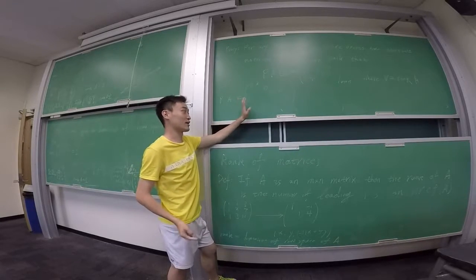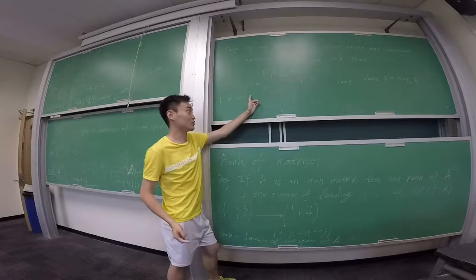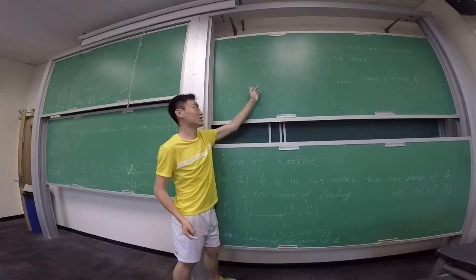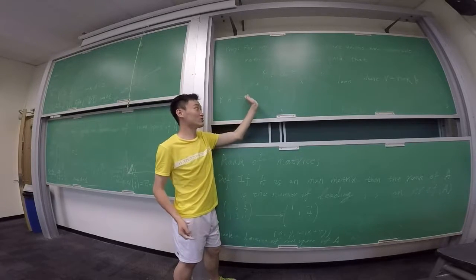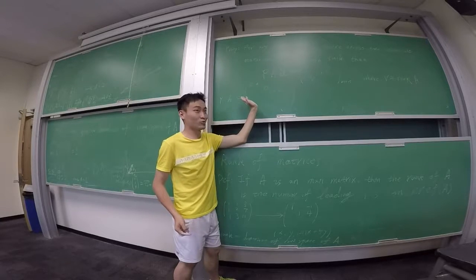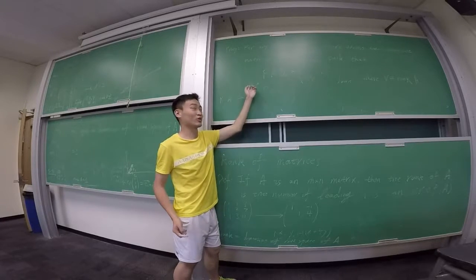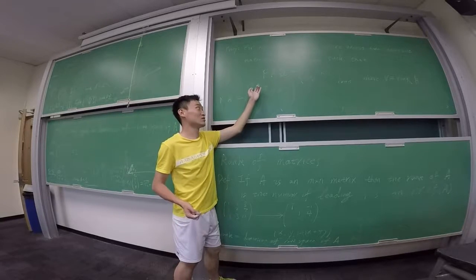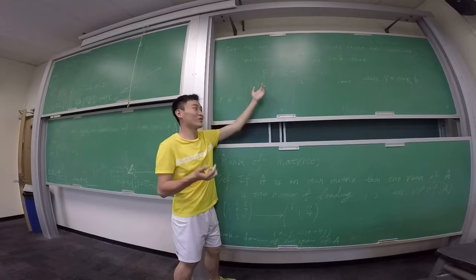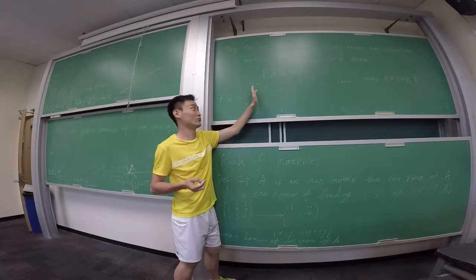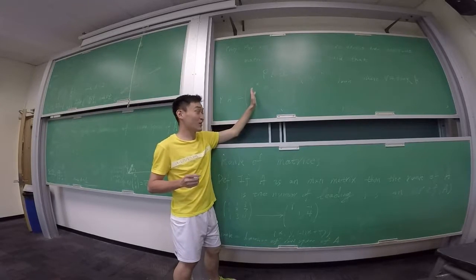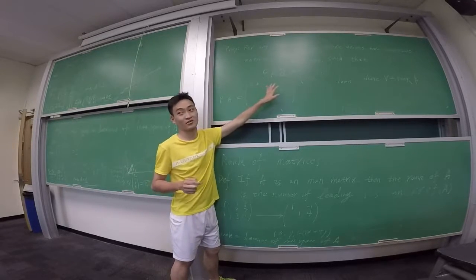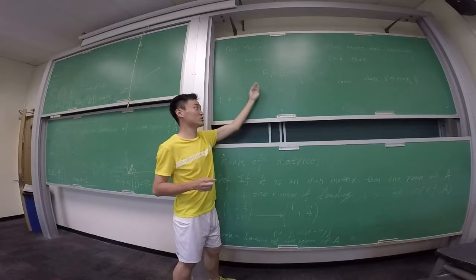What you do next is to use a column transformation to clean up this one, that one. Because originally, when you are only allowed to do row transformations, you can only use this leading one to clean up the numbers below it. You are not able to use leading ones to clean up the numbers on the right of that, because you are only allowed to do row transformations. But now you are allowed to do column transformations, then you are able to clean up those stars, right? And you are also able to switch columns.